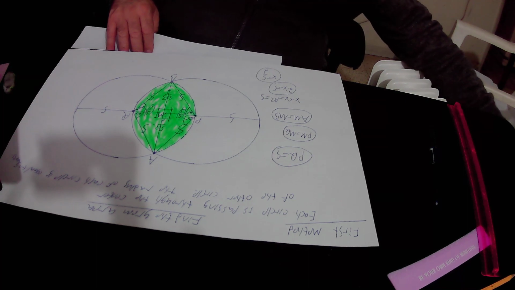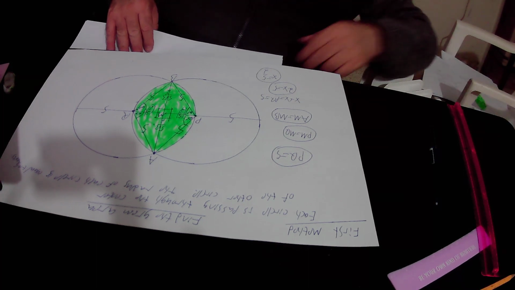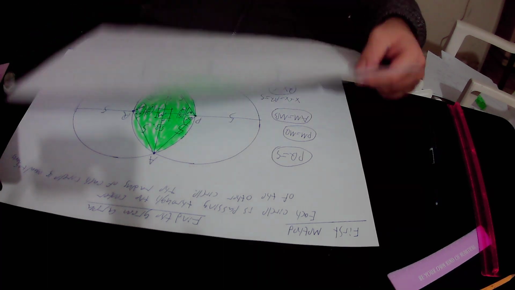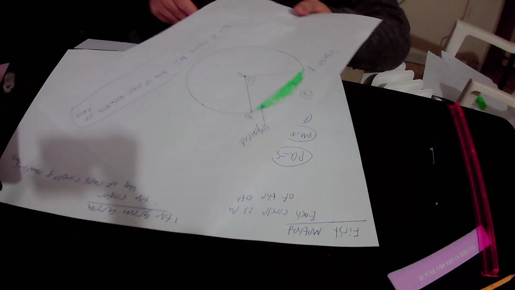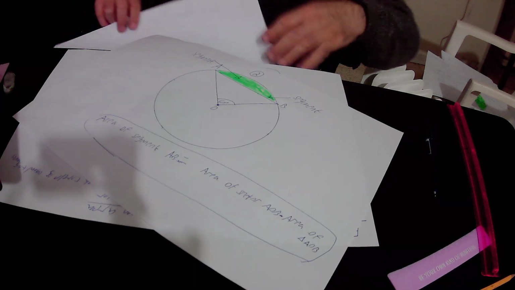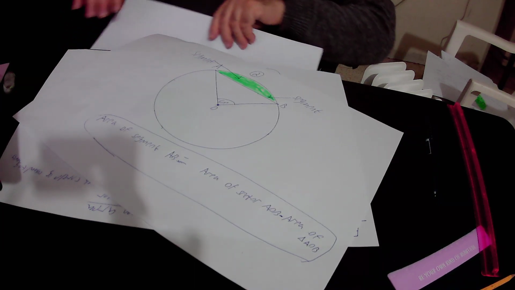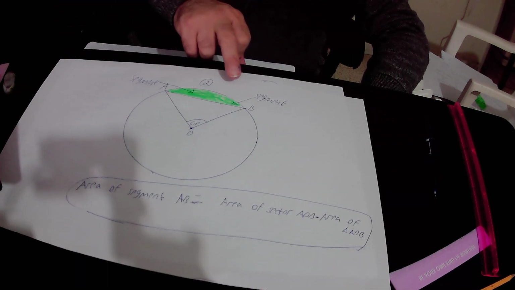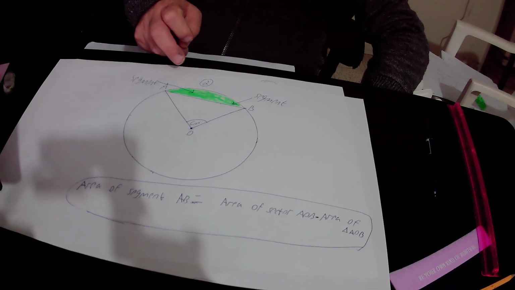And then I presented the definition of a segment. Here, the area in the green color is the area bounded between chord AB and arc AB.